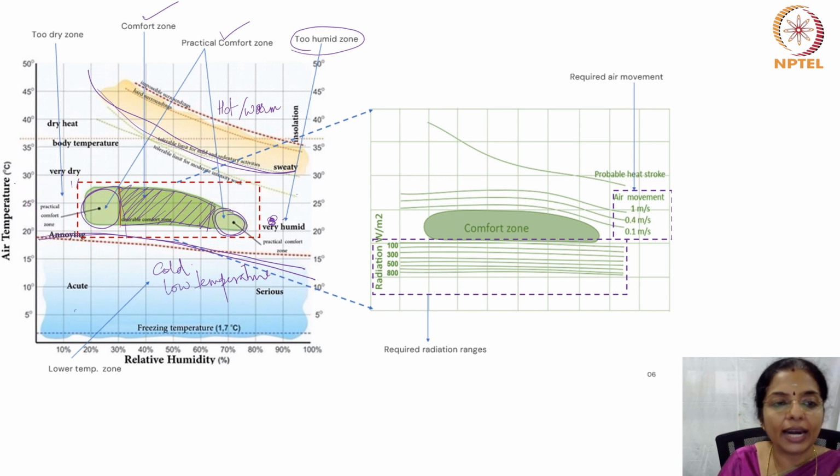if we look at a temperature of 30 degrees centigrade with a relative humidity of 10%, then it means that this is a very dry zone. The person will feel very dry. Okay, and this is the tolerable limit for moderate intensity of work.